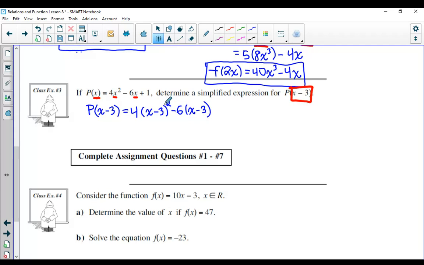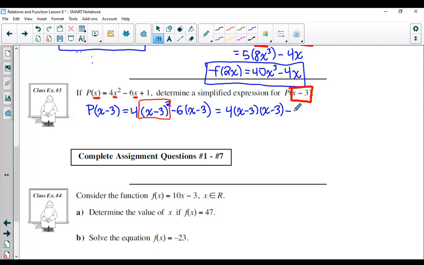Now, this is a bit more annoying to do because if you look at this part right here, we're going to have to do some polynomial multiplication. So we're going to have to FOIL this out because when you have a binomial that's squared, the correct way to write this out would be 4, and you'd have (x minus 3), and then (x minus 3). Repeated multiplication of that base.